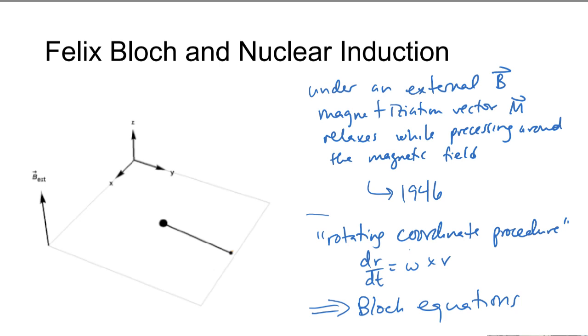And what these papers do that connects to the Bloch sphere, and maybe you can even tell from the diagram here, is that they establish this concept of a rotating coordinate procedure. So when you look up things like this, it's dr/dt, so you're looking at the change in r with time.